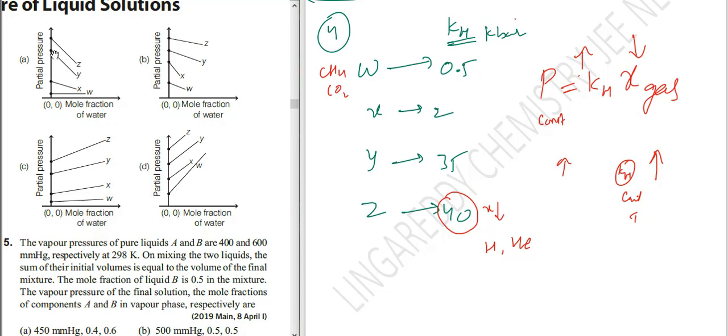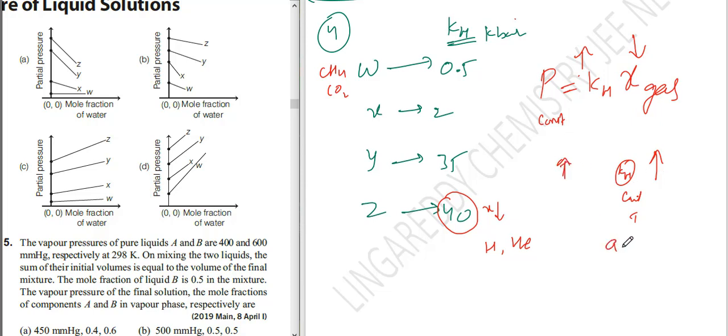See here in the first option, when partial pressure is increasing, the mole fraction of water is decreasing. See here, the Z is here, Z's partial pressure is somewhere here. So when partial pressure is increasing, the mole fraction of water decreasing means the mole fraction of gas is increasing. When I increase the P, the mole fraction of gas also increases.